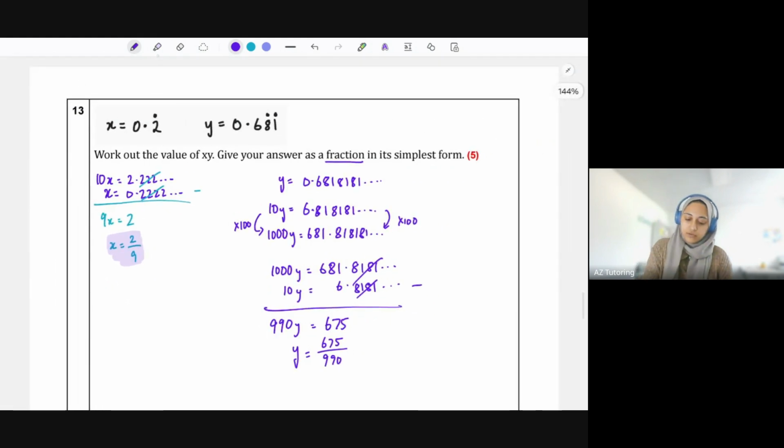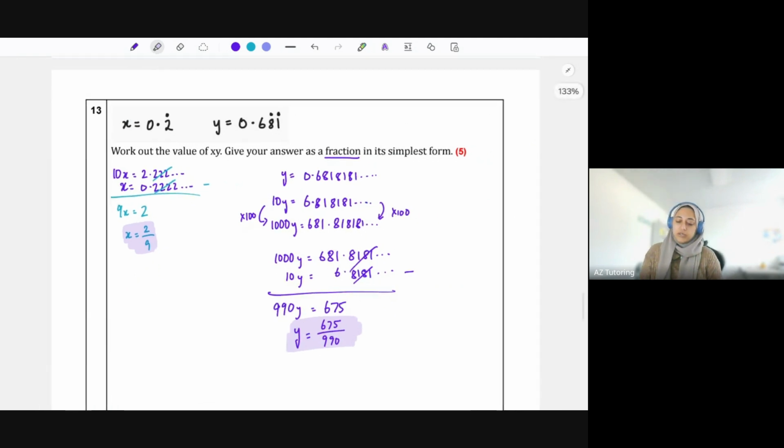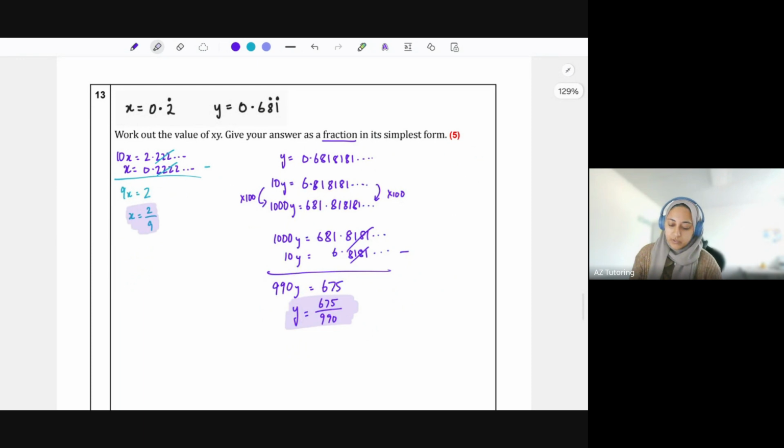Okay, so I've rewritten my x and y in terms of fractions, and now I'm just timesing them. So I'm doing x times y. x times y is 2/9 times 675 over 990. Now, what you could have done is you could have simplified this and then timesed them, to be fair.